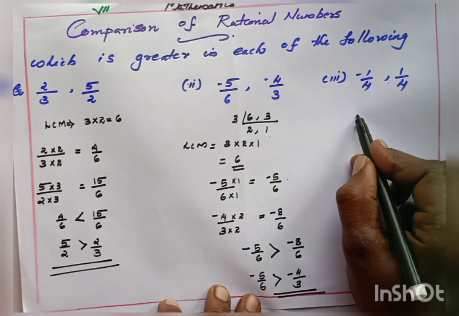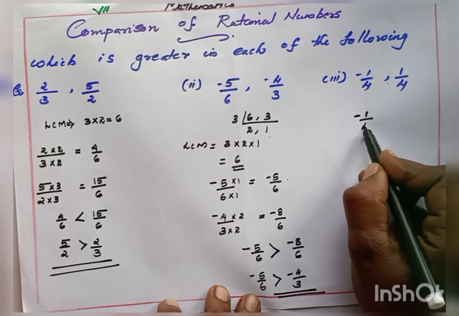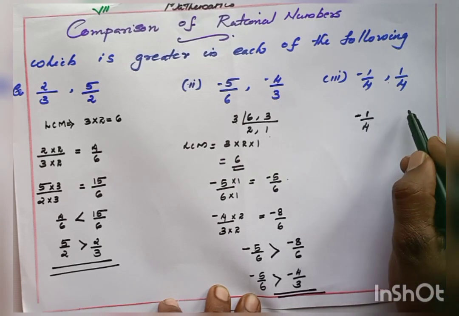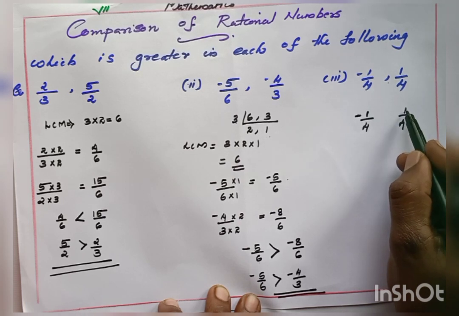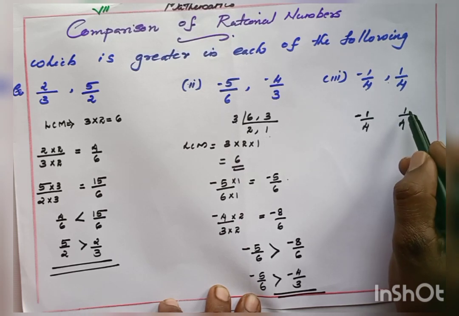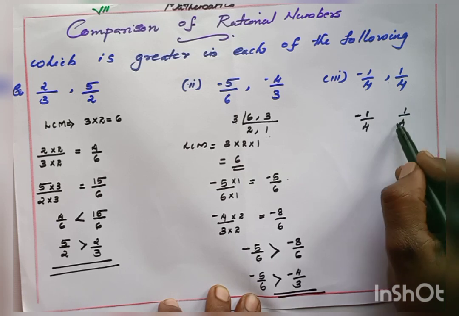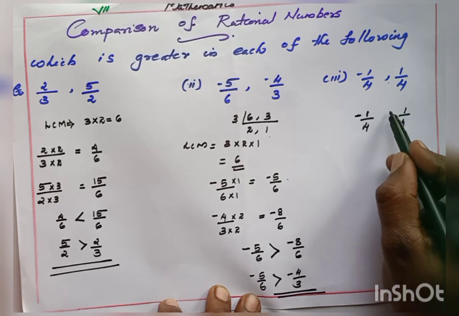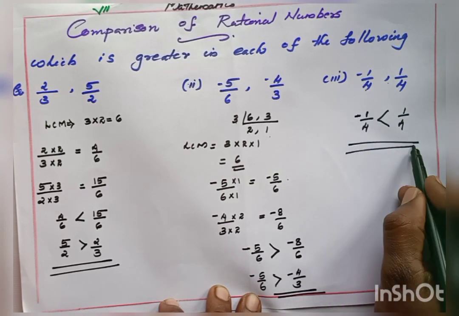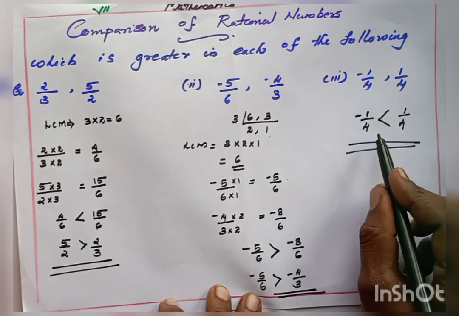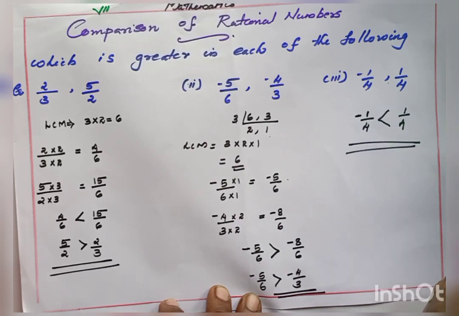So here minus 1 by 4 and 1 by 4, the numerator 1 is greater, the positive rational number. This is the positive rational number and that is the negative rational number, so the positive rational number is the greater rational number. So minus 1 by 4 is less than 1 by 4.